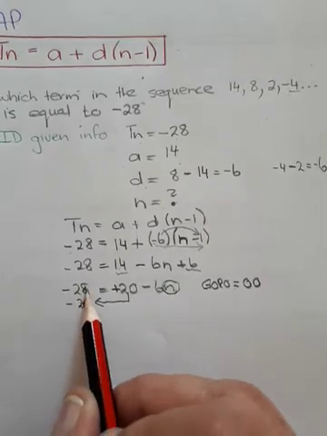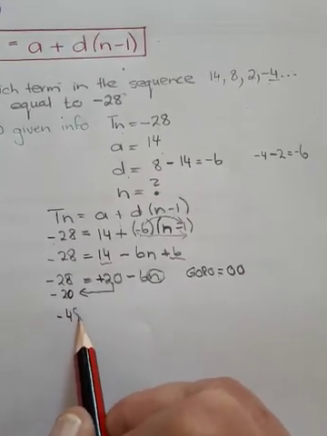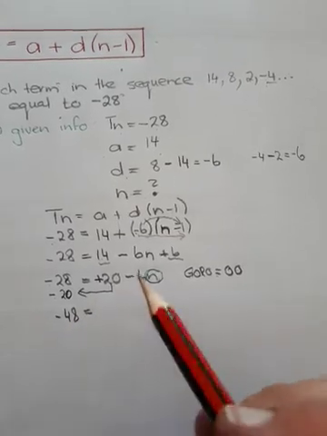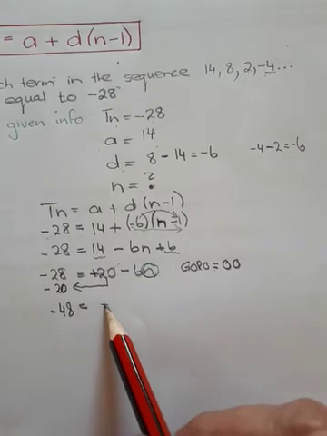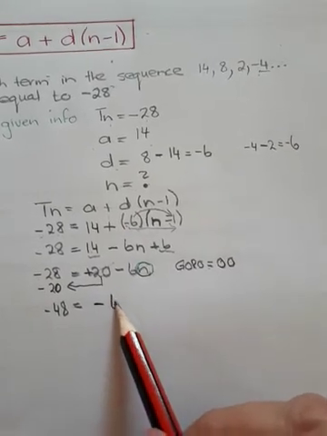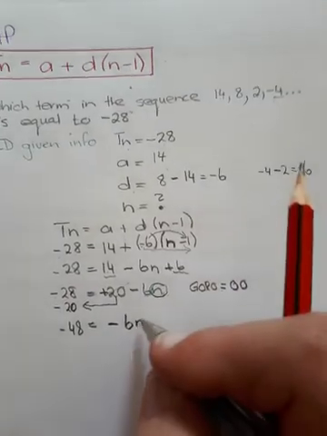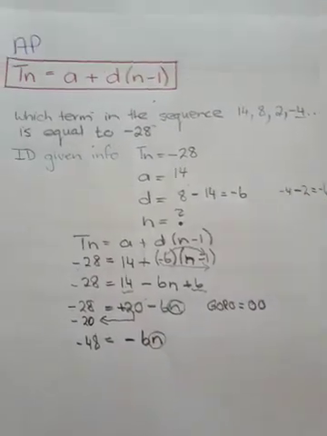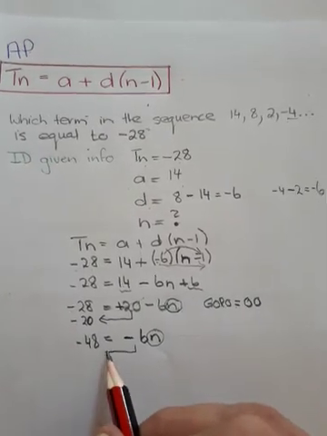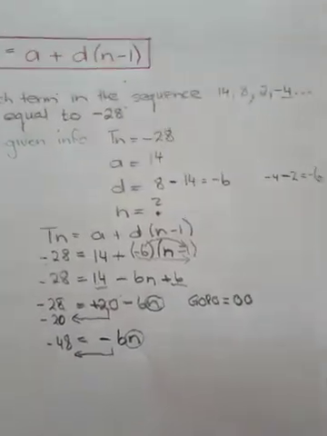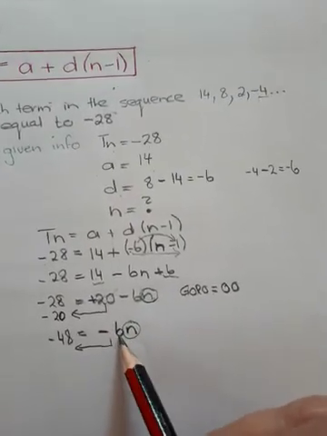So negative 28 minus 20 gives me negative 48 equals, we have moved the 20, on the right remains a negative 6n. Once again, people, we want to find n, meaning we must now move the negative 6. But be really careful because the negative 6 is an integer.